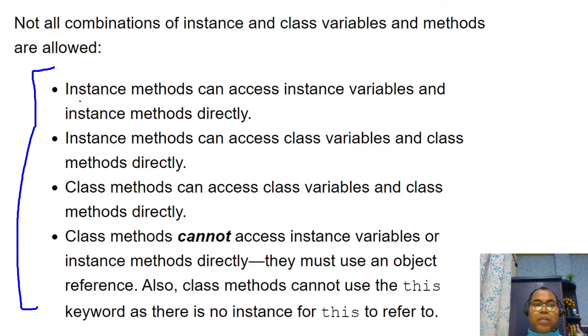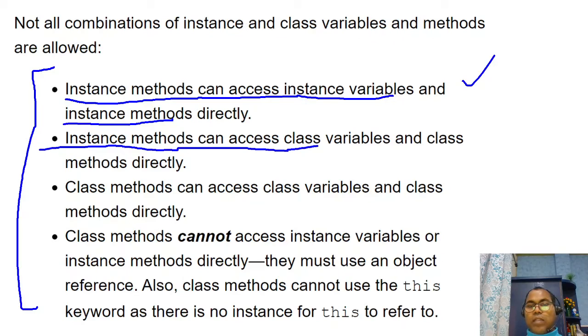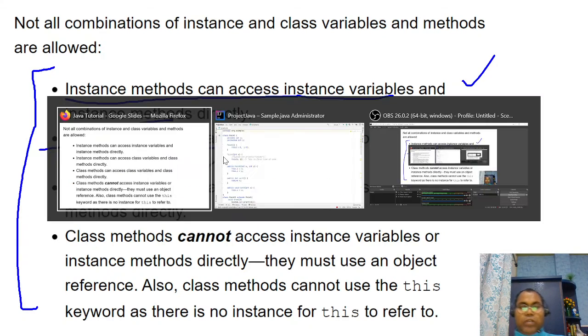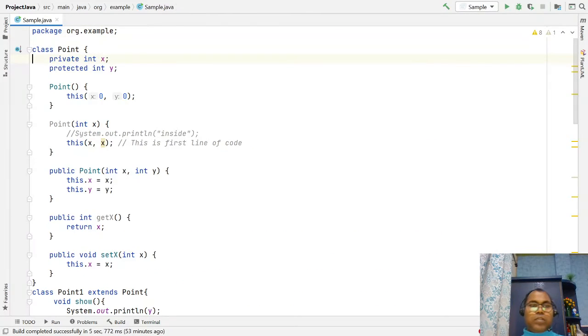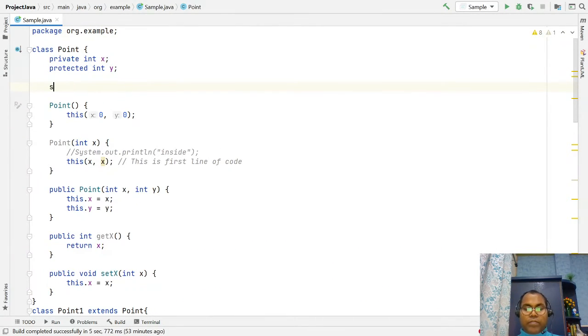These are the rules you have to be clear about for class members. An instance method can access instance variables and instance methods directly. It's clear, okay? And an instance method can access class variables and class methods directly. So here, I'm writing static int count.